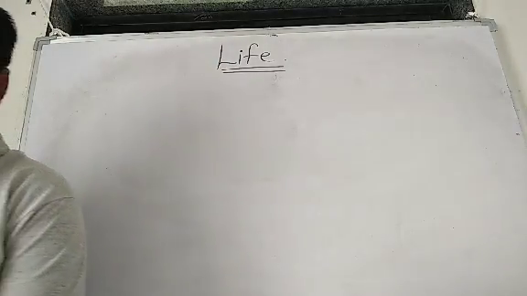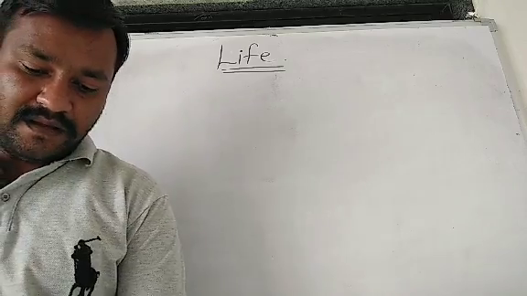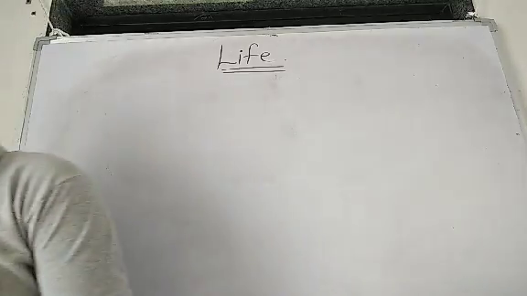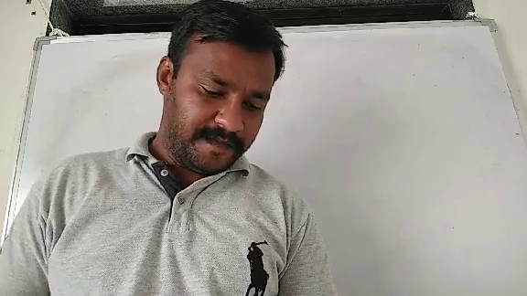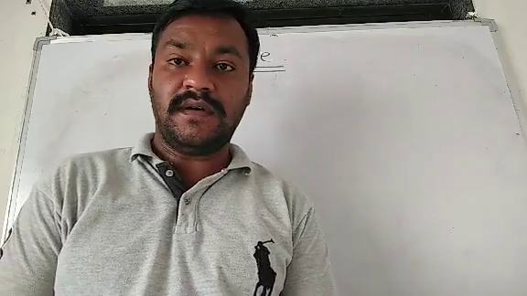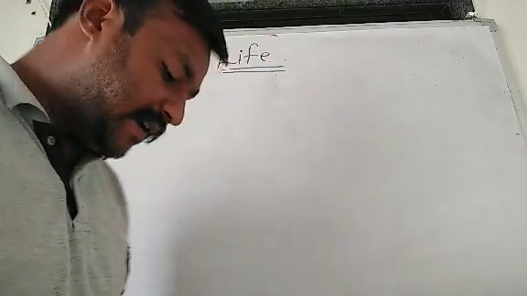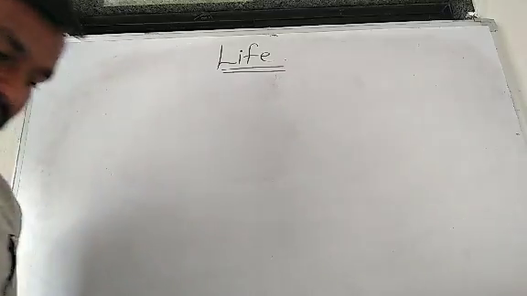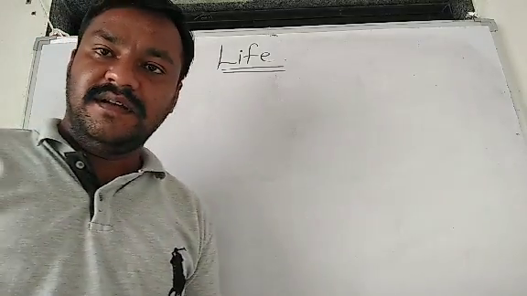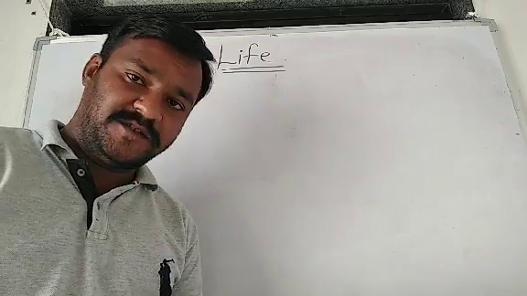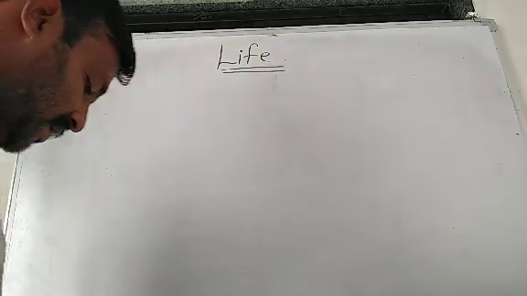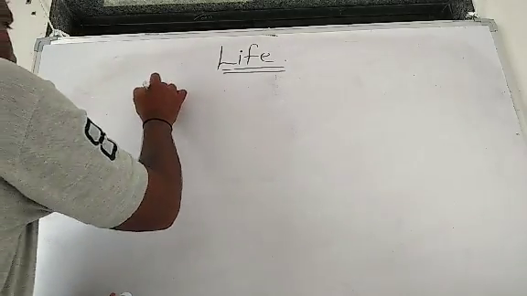The names of those figures of speech are metaphor, personification, and interrogation. So let me give you an idea how to identify these figures of speech. These three figures of speech are used in this poem. So first, metaphor.